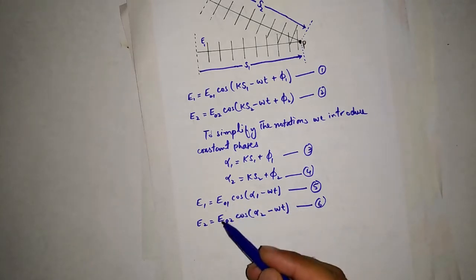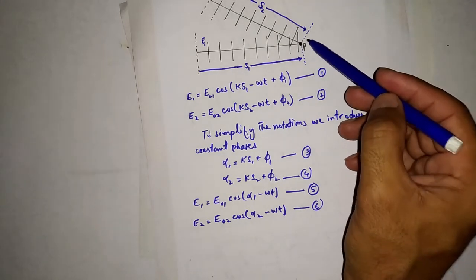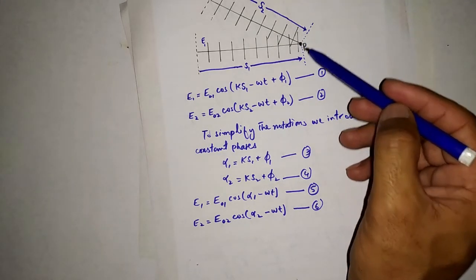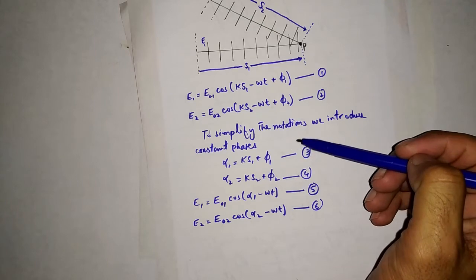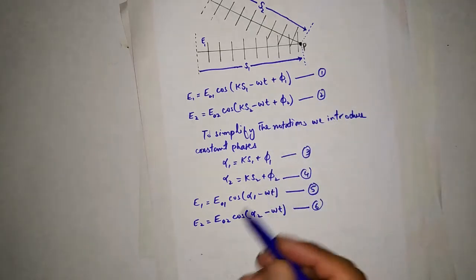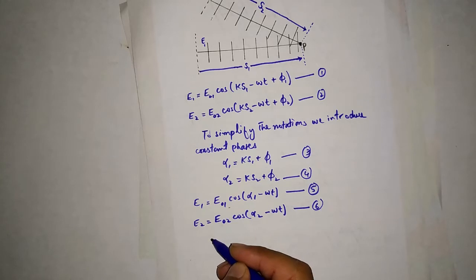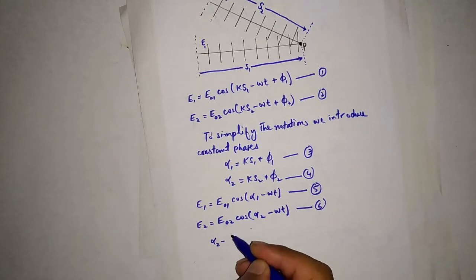So these two waves which are intersecting each other at point P only differ in phase, and their phase difference is alpha 2 minus alpha 1.